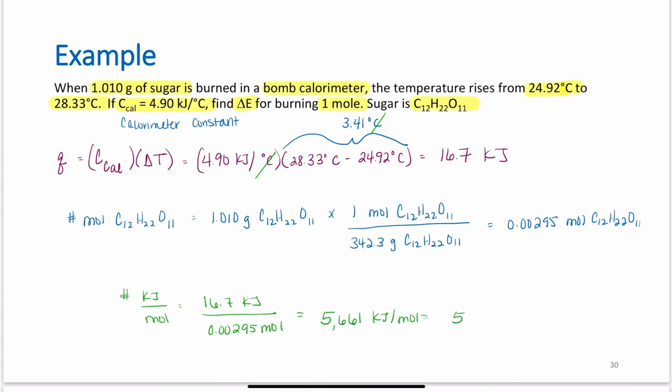With sig figs, that is 5,660 kilojoules per mole. So, a lot of energy coming off of that. Sugar can give you lots of energy.